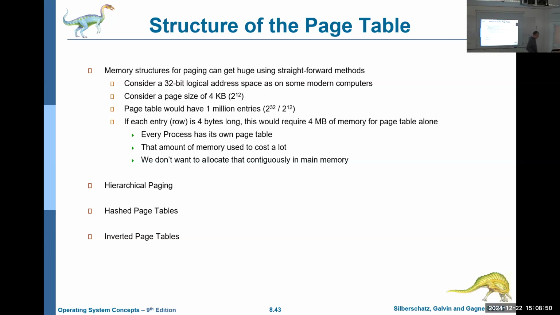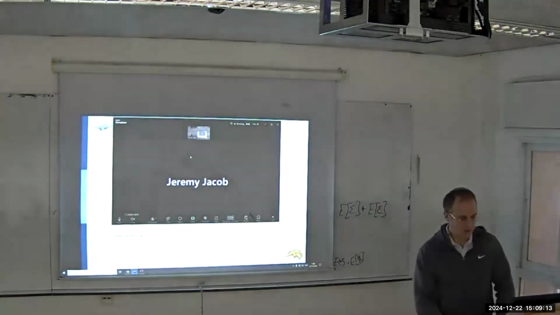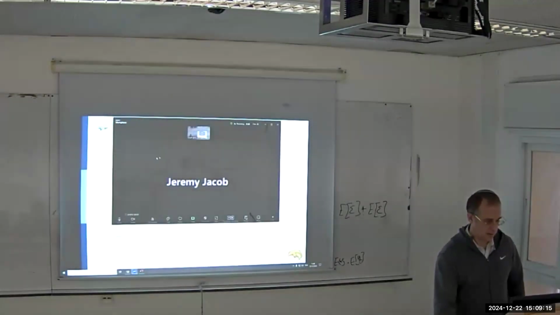Wait, do I have it? Yeah. If you have a 32-bit, I really wish they had one cleaner, we wipe off the boards at the end of every class. Stop sharing. Thank you.